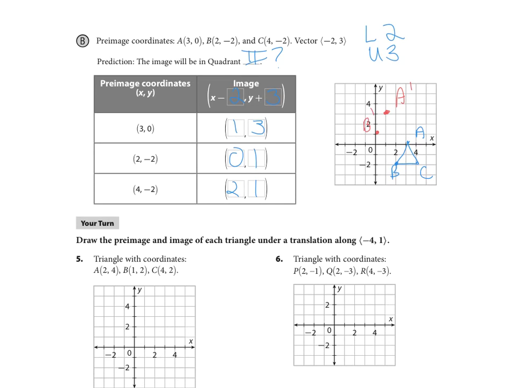And C prime is 2, 1. So it looks like my image triangle actually is not in quadrant 2, but has moved just up to quadrant 1. Oops, quadrant 1. Sorry about that, you guys. 1, big fat Roman numeral 1.